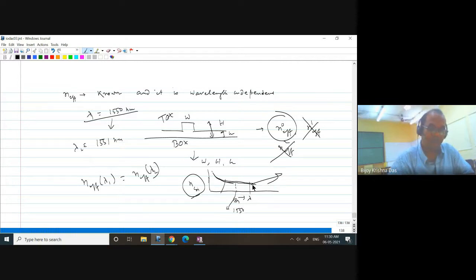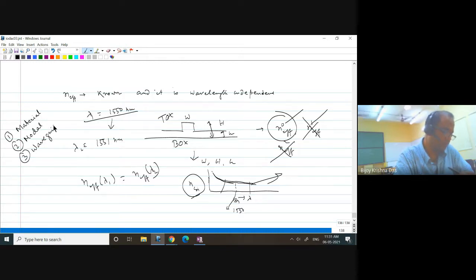But when I see that mode to mode, the effective index is also different, right? And that is called modal dispersion. So first is material dispersion, second is modal dispersion, and third is waveguide dispersion. Of course, waveguide dispersion is basically part of modal dispersion. Okay, all these dispersions are there.